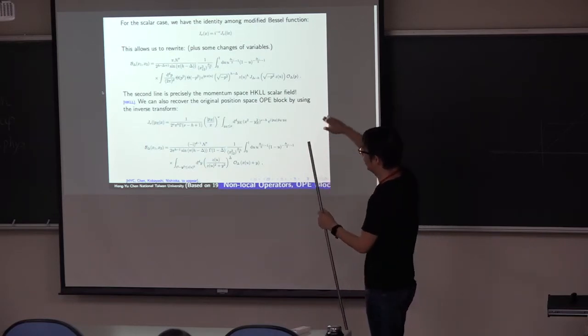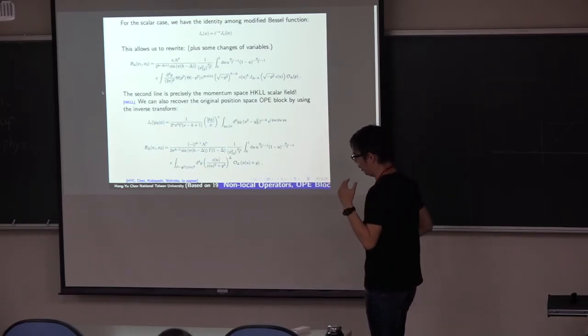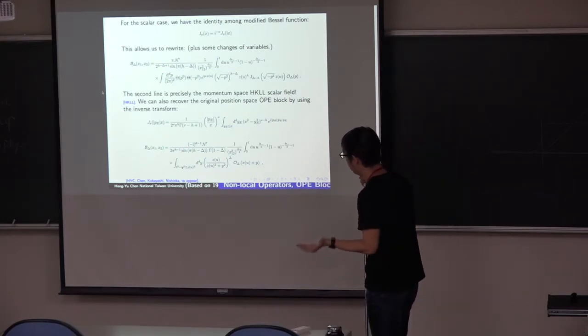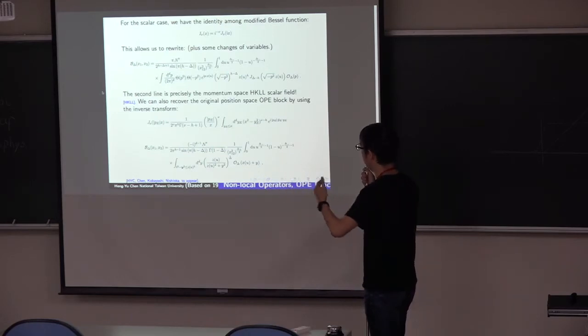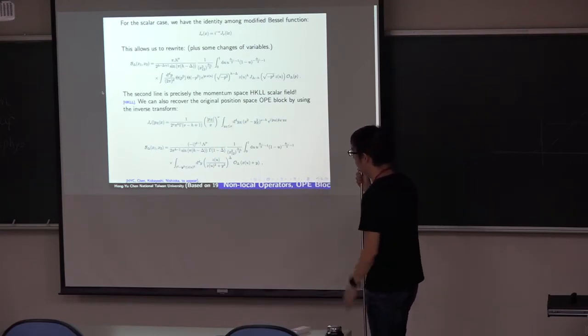We have checked a few of those cases to recover indeed the boundary propagator, which we are hoping to get for those non-local operators, and also the vertices and the Witten diagram and so on. So those things we hope to tidy up.